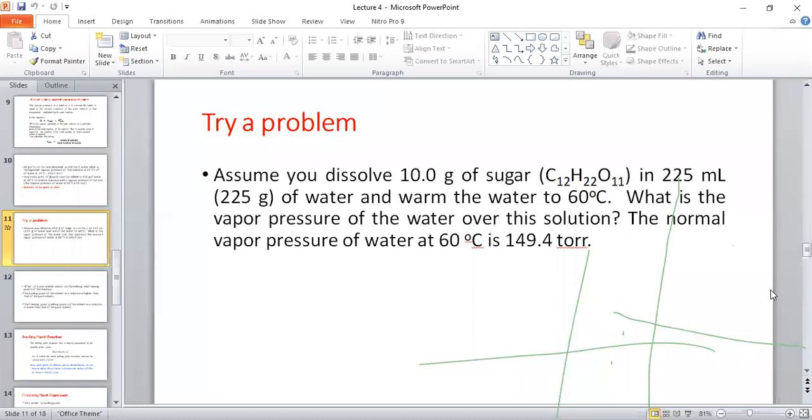In this case, the 225 mils of water is also taken as 225 grams. We still have to move on because our time is going. So when you get home, you will try these two problems and let me see what you have in the next class on Wednesday.